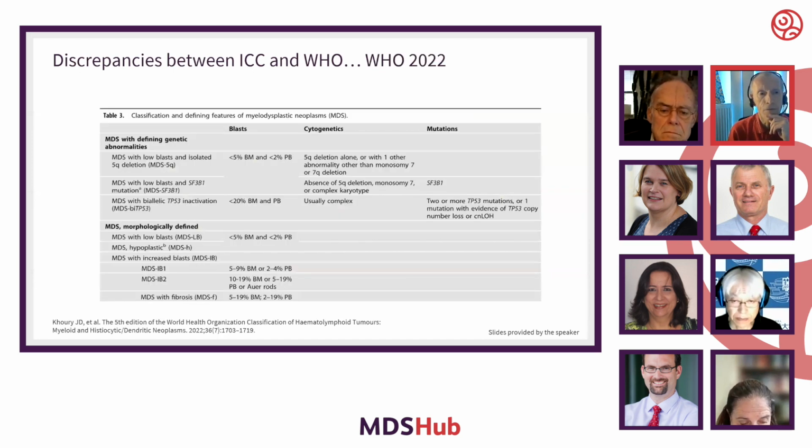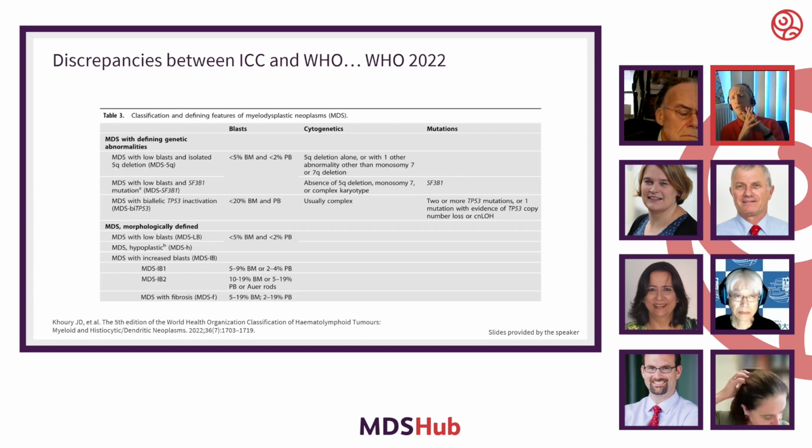So next slide. If you go now to MDS, what you call MDS with biallelic TP53 inactivation, two or more TP53 mutations. And you have the MDS with low blast and isolated del5q. We know those patients often have small TP53 clones. So a patient with low risk MDS with del5q, no increase in blast, with 2 clones, 2 and 3% or 4 and 5%, as occurs pretty frequently, sometimes even 3 or 4 clones, would be classified easily as MDS with biallelic TP53 inactivation.